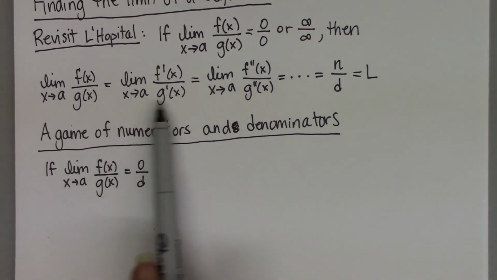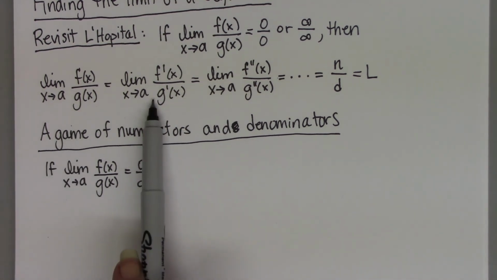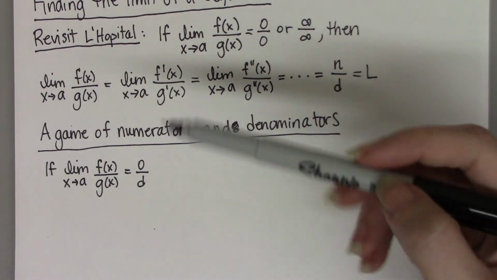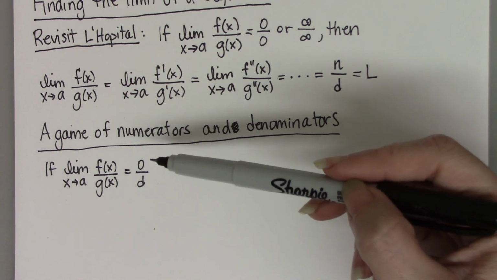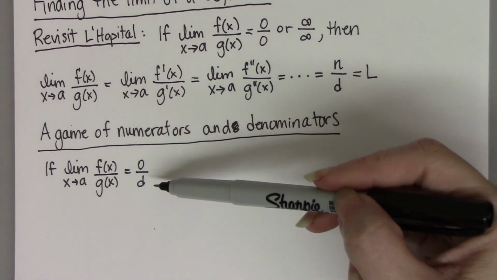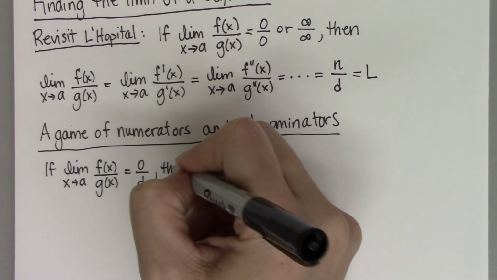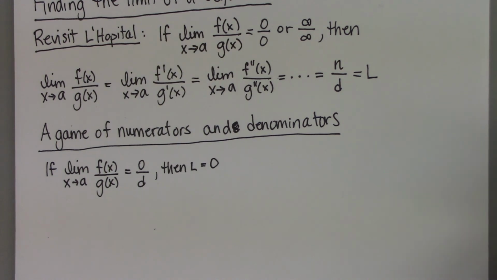You may or may not have had to take some derivatives to get to this point, right? But let's say we took the first derivative over the first derivative and we ended up here. Well, what this is telling you is that the original limits were probably going to 0 over 0, but the numerator gets to 0 faster than the denominator gets there. So we would conclude that the limit of this expression is just 0.